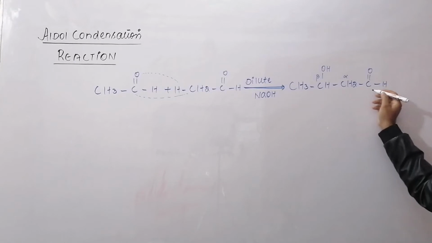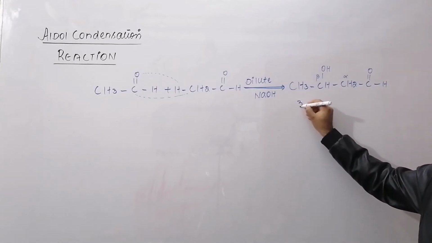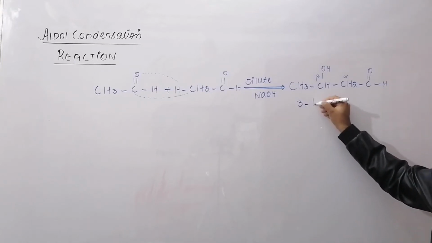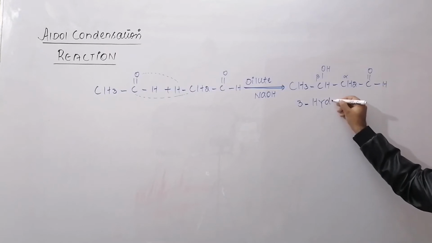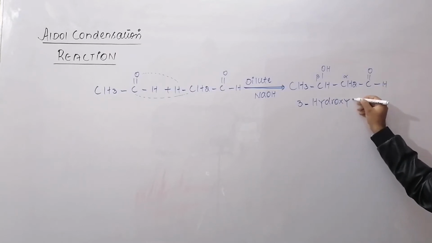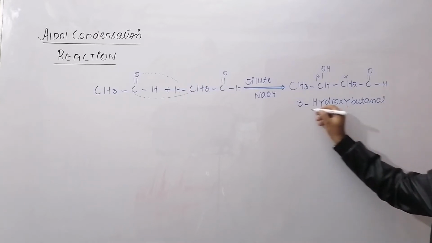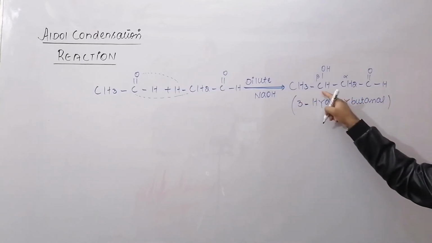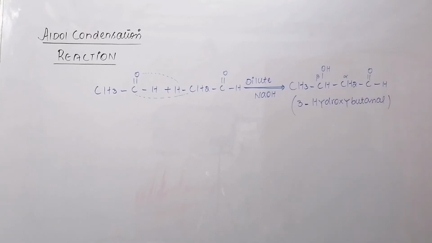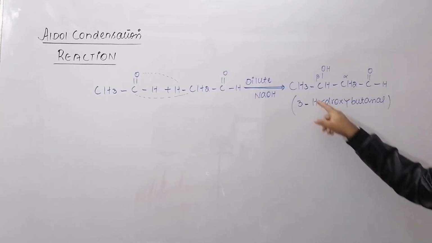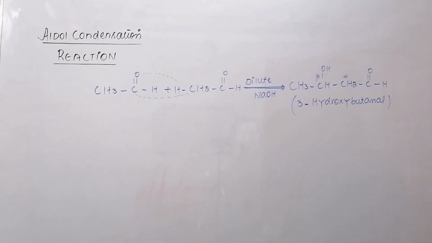The IUPAC name of this aldol will be 3-hydroxybutanal, because the OH group is attached to the third carbon. In total there are 4 carbons, so it is called butanal.